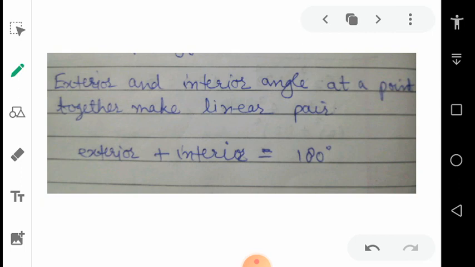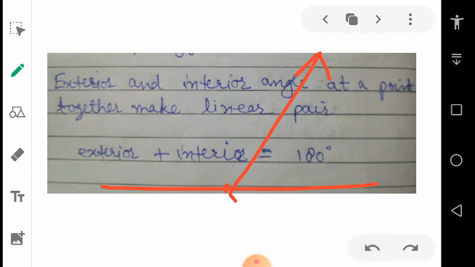In an easier way you can understand, suppose this is a line and a ray stands at any point on this line in this way, so it constructs two angles on the left and right side of this ray, and these angles are called linear pair. The sum of these angles is always 180 degree as they are adjacent angles.